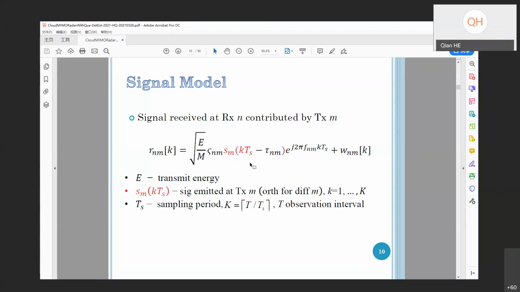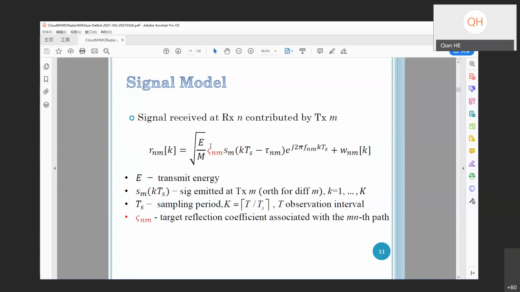So this is a sampled version of a signal, and it gets delayed because of the target reflection and the channel. So you get a delayed version. s_m means the signal transmitted by the m-th transmitter. This is a reflection coefficient, zeta_mn. It accounts for all the propagation loss, target reflection, or anything you can think about, right?